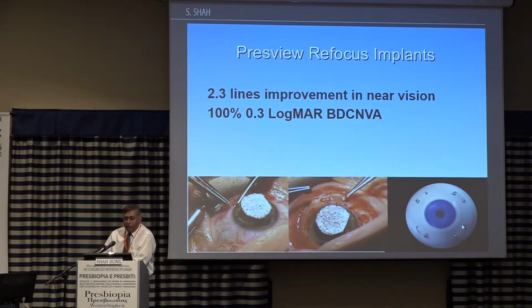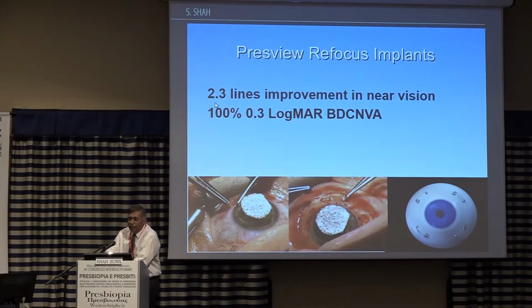So we've just finished a study on the latest version, and they're just in the process of getting FDA approval. So these will be around, but even then, the improvement is modest.